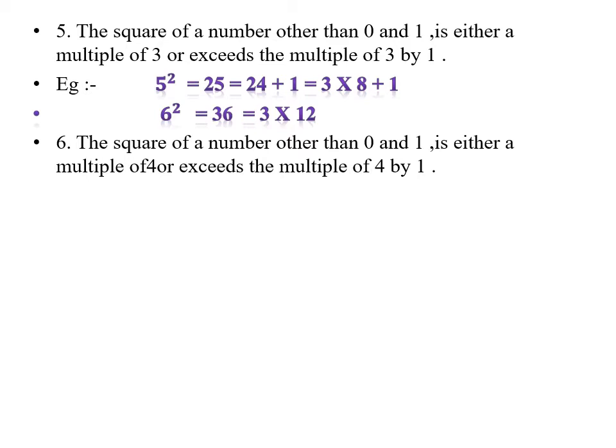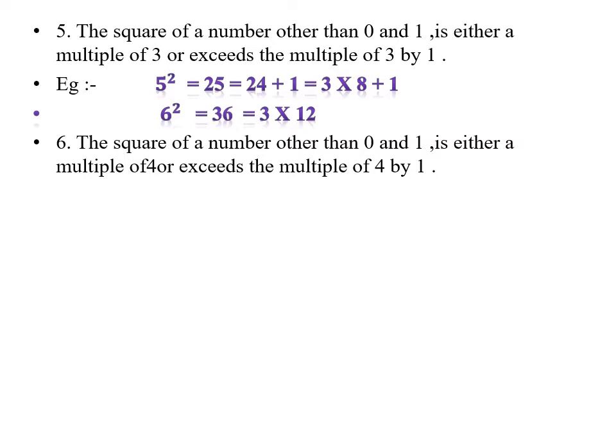Here 24 is a multiple of 3 and it exceeds by 1. So we can write it as 3 into 8 plus 1. Now in the second example, 6 square equals 36. 6 sixes are 36. So we can write it as a multiple of 3, that is 3 into 12.